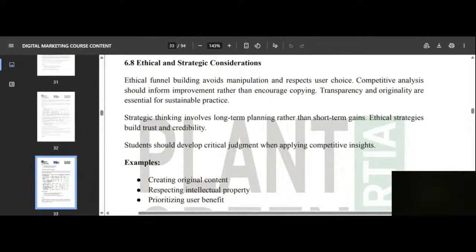Competitive analysis should inform improvement rather than encouraging copying. Transparency and originality are essential for sustainable practice. Strategic thinking involves long term planning rather than short term gains. Ethical strategies build trust and credibility, so students should develop critical judgment when they are applying competitive insights.